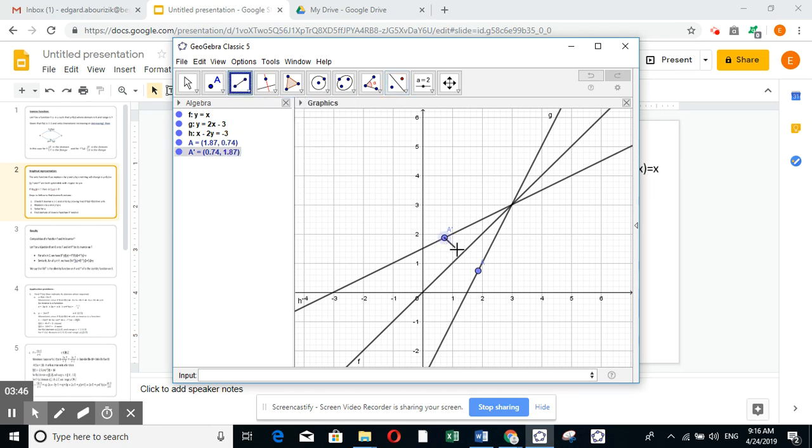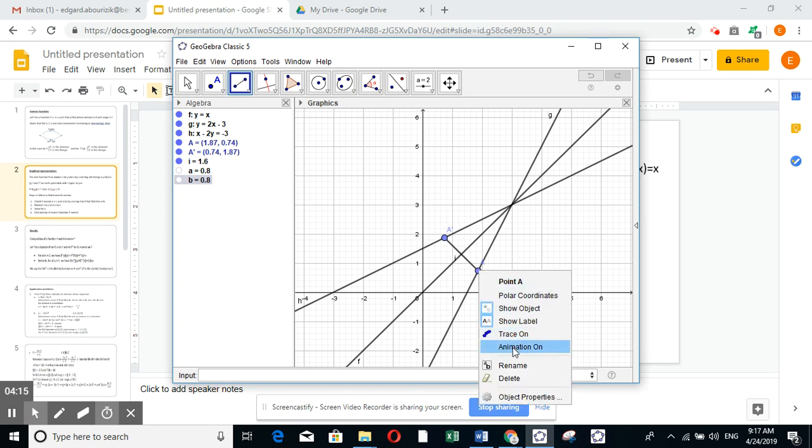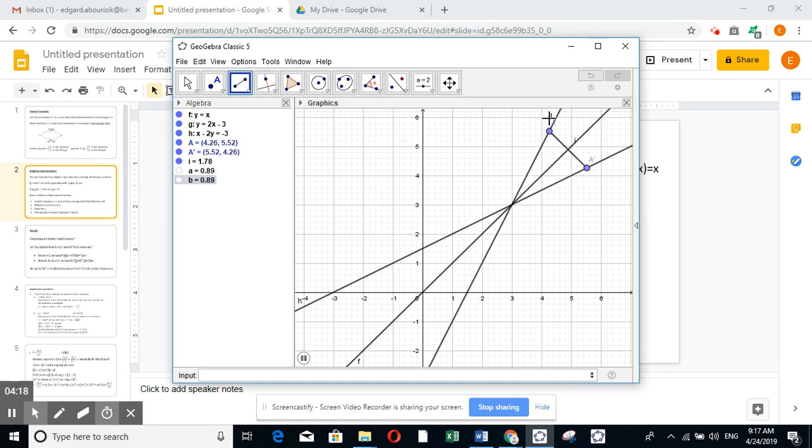If you join them by a segment, and if you want to find, for example, the distance between point A and the line y equals x, and the distance from point A prime and the line, as we said, you're going to see this distance is the same. And if you want to do animation, you can see that this function f is symmetric with respect to y equals x.